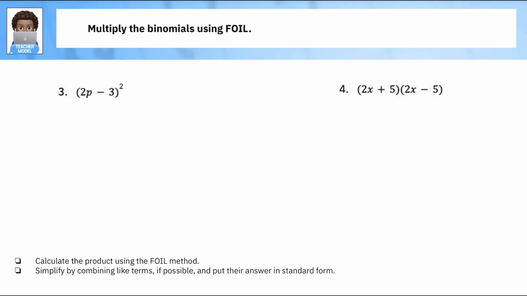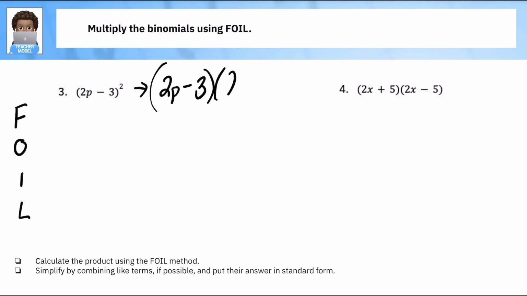Okay, here are our last two. Again, we're going to go super fast. They are asking for FOIL. So here's FOIL. Hit pause if you want to do this first, and then see if you get the same answer I do. I'm going to expand this out to 2p minus 3 times 2p minus 3 so I can see our terms.